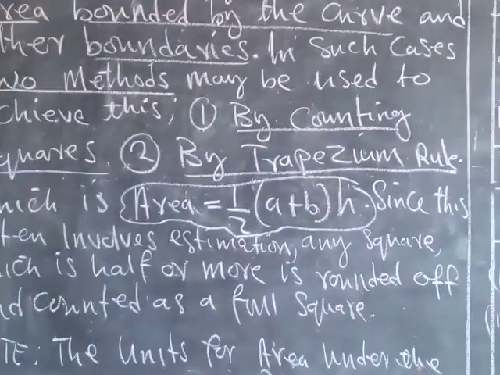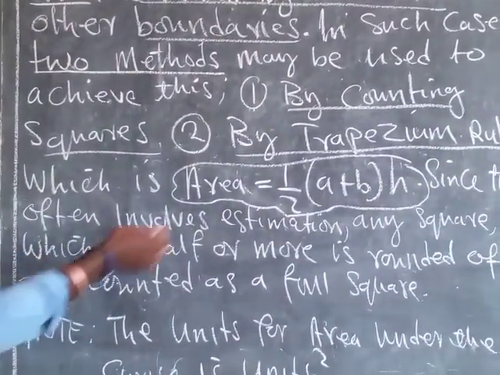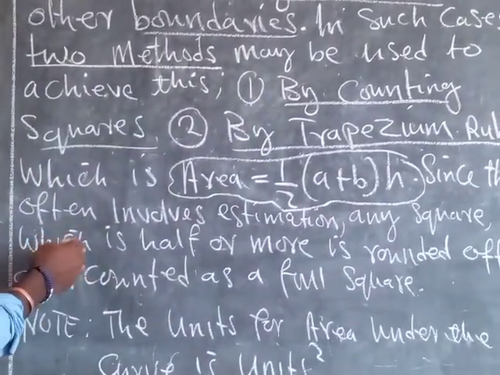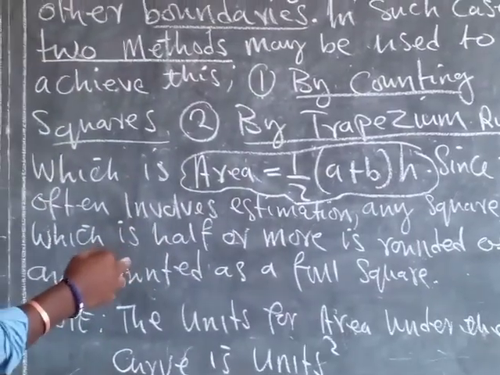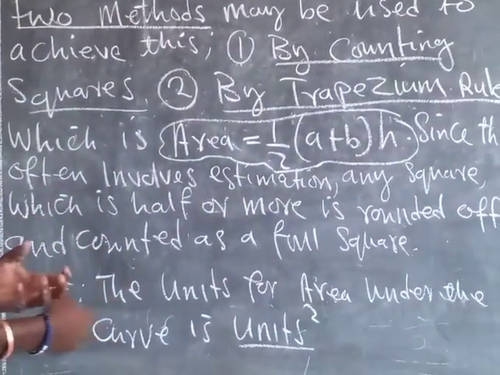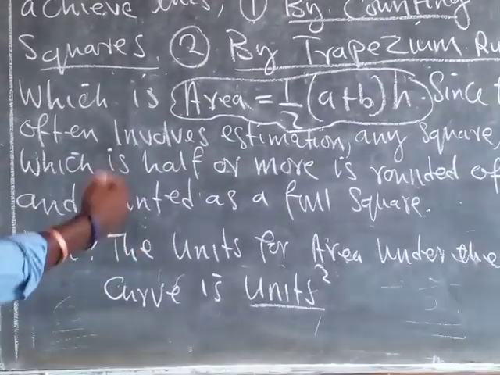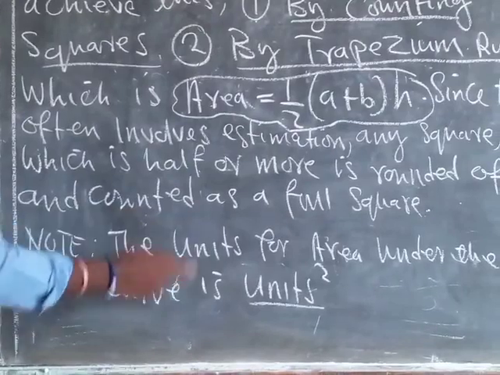Since this often involves estimation, if you're going to count the squares, you should know this point. Because we are dealing with graph of polynomial, we are estimating the answer, just approximately getting it, because it's impossible to get an accurate answer under graph of polynomial.